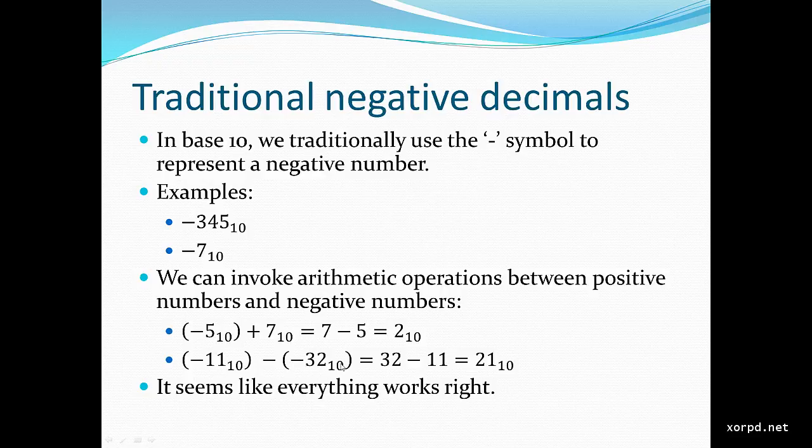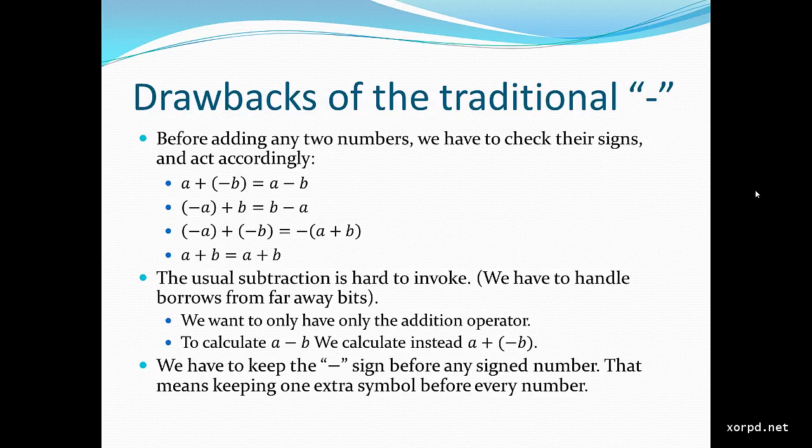That would actually equal minus 32 plus 11, because twice the minus becomes a plus, and we get eventually 21 in base 10. And it seems like everything works just right in the old way, so why would we want to try something new? Well, I think you should consider a new way to do it, and we are going to present it here. The drawbacks of the traditional minus.